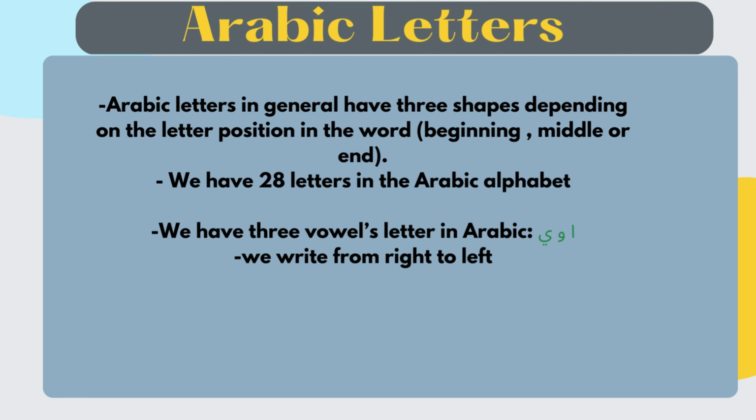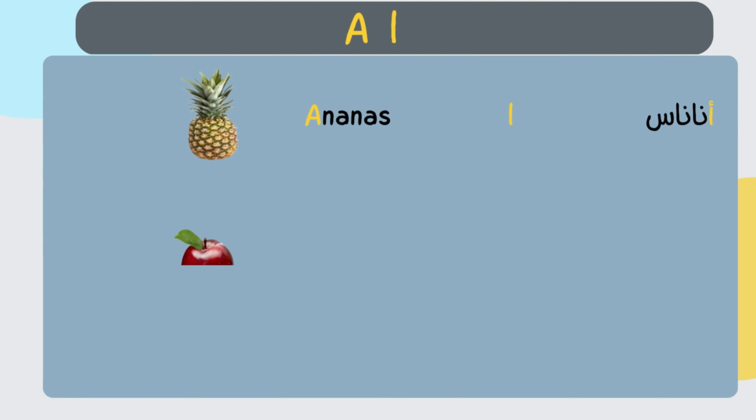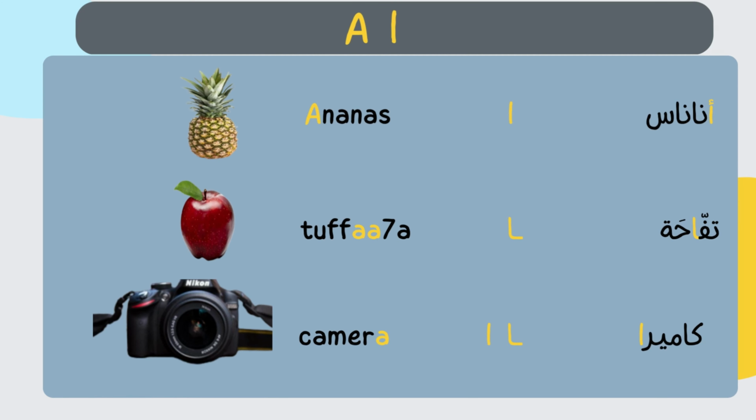Now we can start with the first letter, which is A. The first letter is A, which is the vowel. This letter doesn't connect with the letter after when it comes in the beginning.